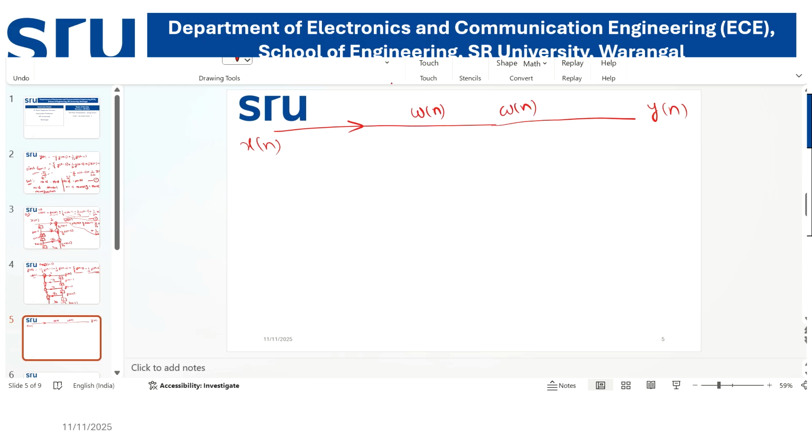At equation number 3, w of n is the input side. Then input is delayed by z power minus 1, that is x of n minus 1, and the coefficient here is 2 and here 1 by 5. Again one more coefficient. So this is a combined circuit which is the realized circuit in direct form 1.